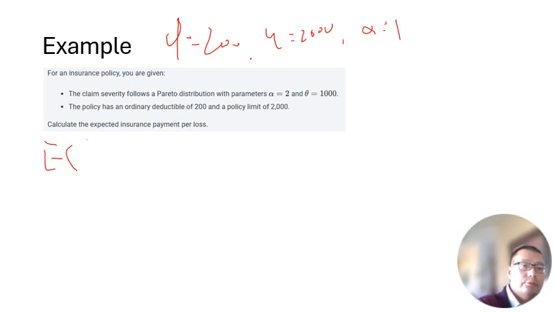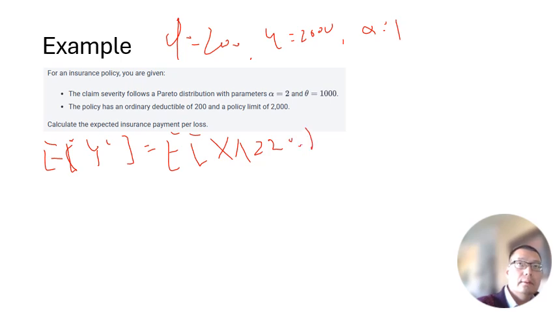And according to the formula, E[Y] will be E[X capped at 2200] minus E[X capped at 200]. Why is this 2200 here?